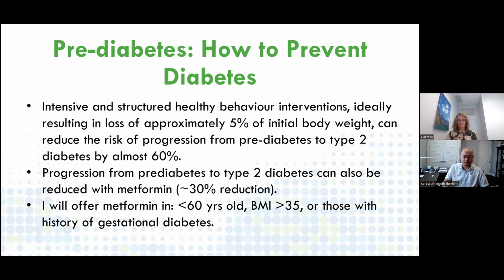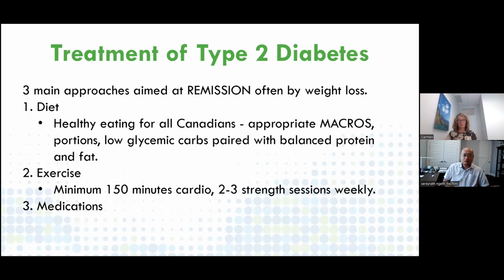So now that we've diagnosed an individual with diabetes, how do we treat them? So there's three pillars, one of which is diet. We always start with diet. Diet is important. Our goal is to achieve remission, and often by weight loss.